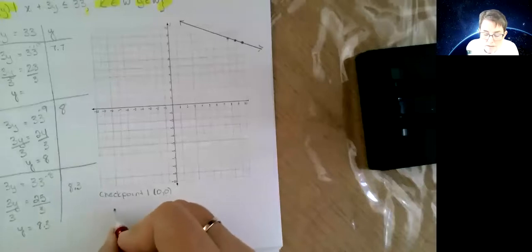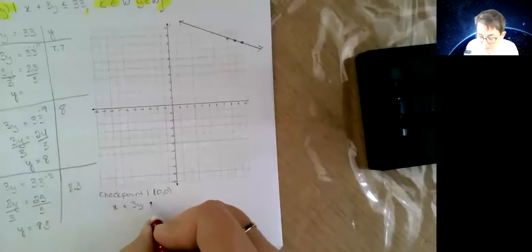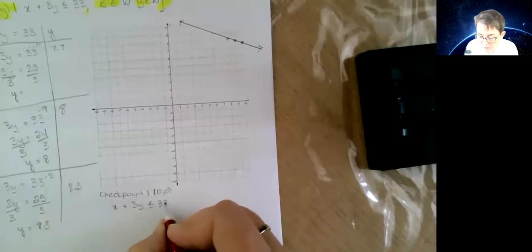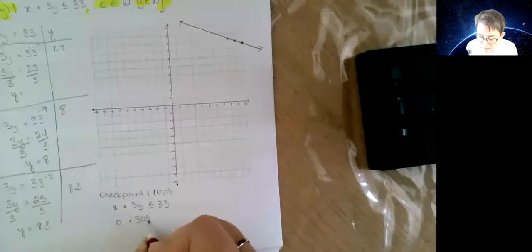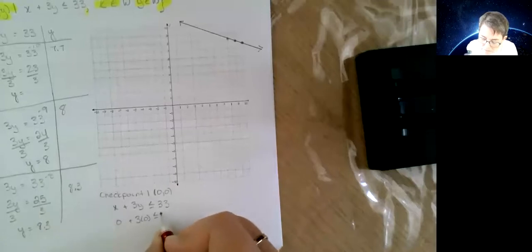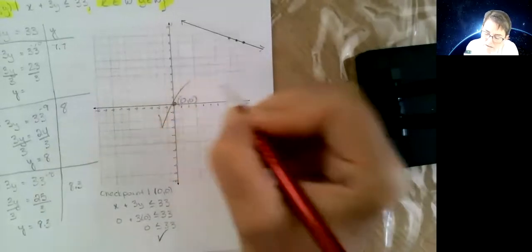And my equation was x plus 3y is less than or equal to 33. 0 plus 3 times 0 is less than or equal to 33. 0 is less than or equal to 33. So this is the correct side. That's 0, 0.